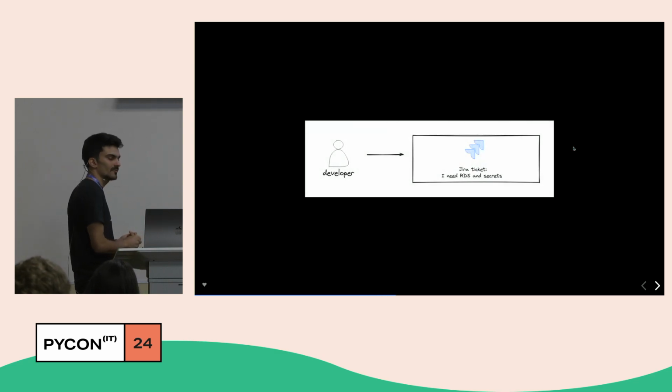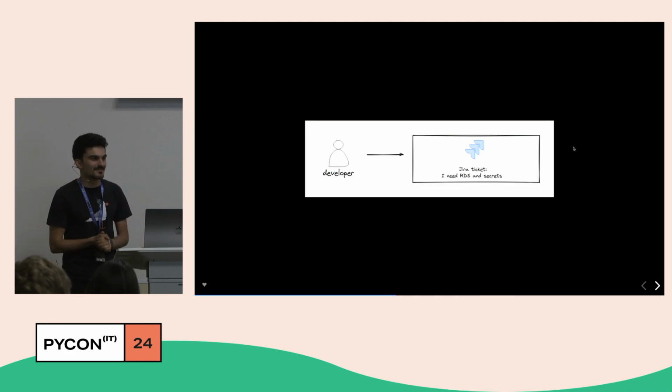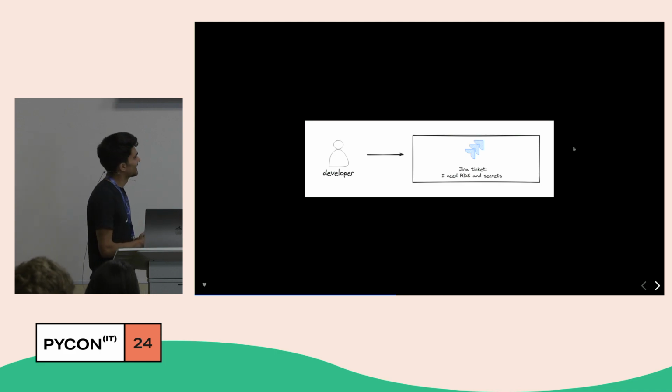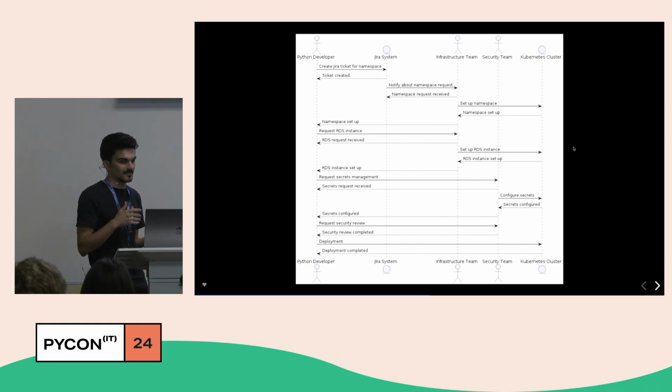So the few moments pass, then you want RDS and the secrets in the cluster to connect to RDS. So another Jira ticket or something like this, and again a few moments pass, hopefully those are moments. Then it continues like this, and at the end we have something like this. You request a namespace with Jira or something else, you get the namespace.